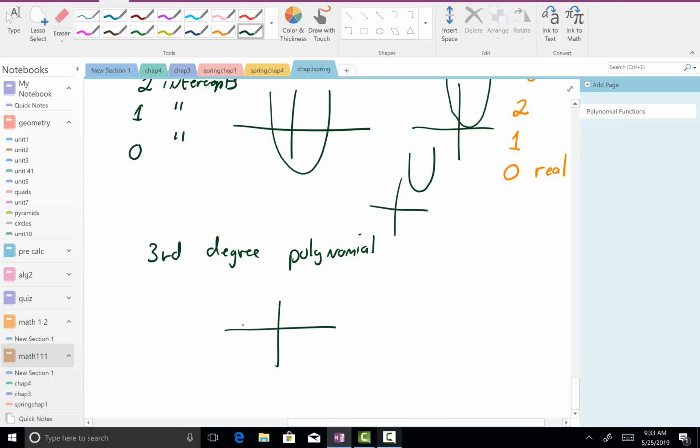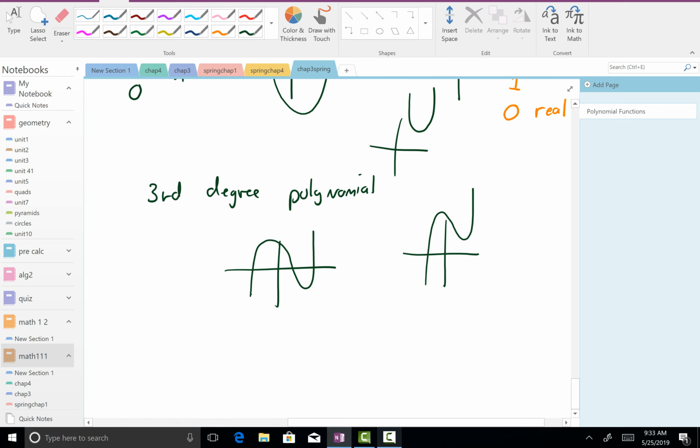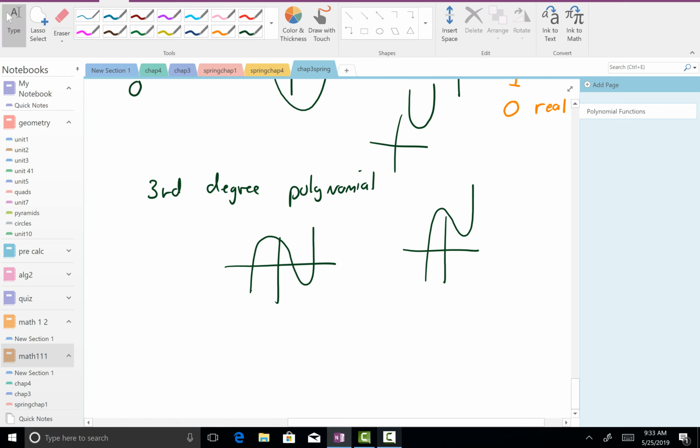Or we could flip-flop it. But would we ever have one that doesn't cross the x-axis? Could we arrange that so it doesn't? No. So we're going to have 3 x-intercepts, we're going to have 3 of them.